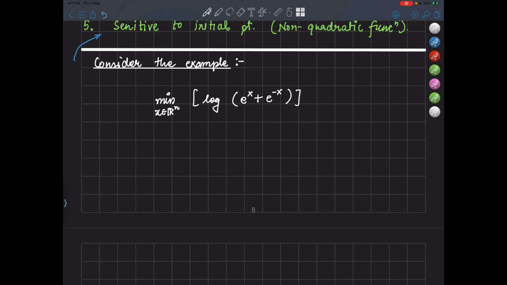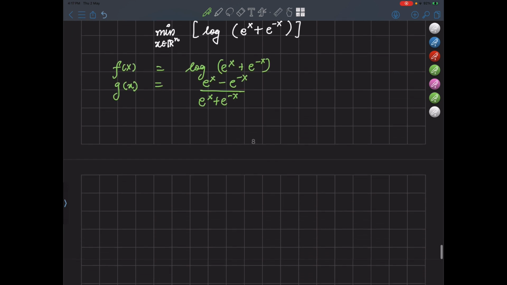If you can see here, f(x) is log(e^x + e^-x). The gradient is 1 upon (e^x + e^-x) into (e^x - e^-x). So this is the gradient.